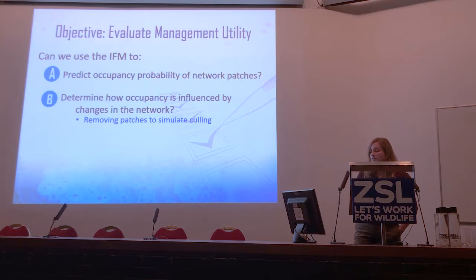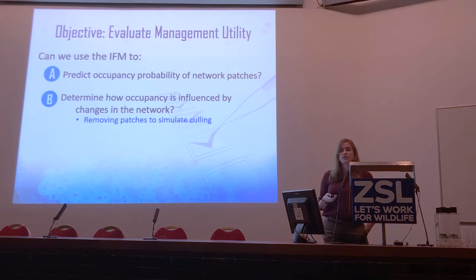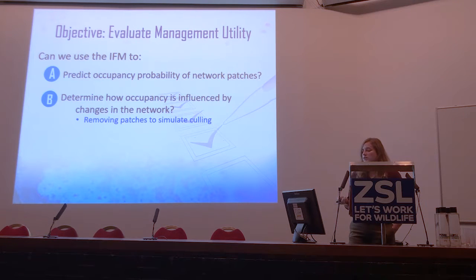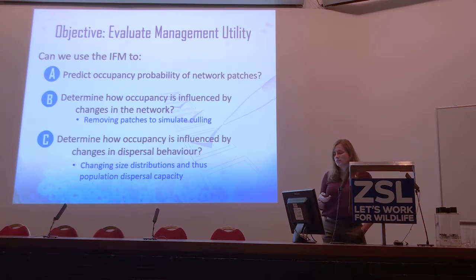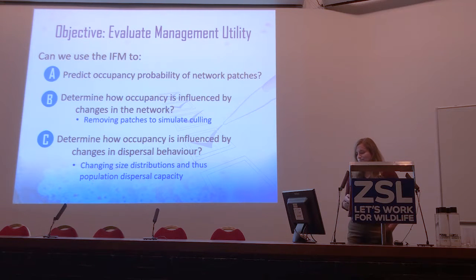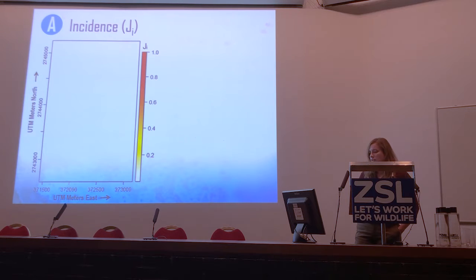Then we're interested in seeing if it could be used to determine how occupancy is influenced by changes in the network, so addition or removal of a patch, where removal of a patch can be used to simulate consistent culling of that patch. And finally, we wanted to know how occupancy or incidence is influenced by changes in the dispersal behavior itself, which could be driven by things like size selective culling, which I'll explain a bit further in a moment. So we'll look at each case one at a time.